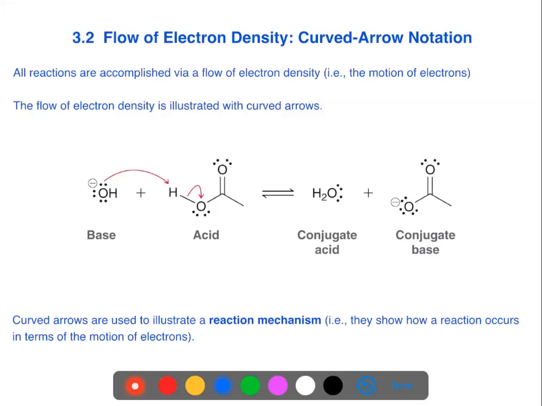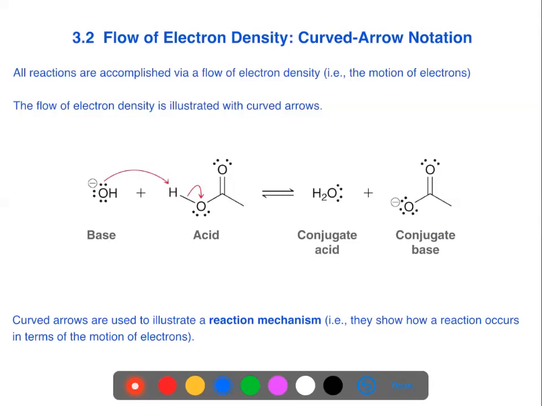So as we just saw in the last couple examples, these reactions are all accomplished via a flow of electron density or electron movement. So the motion of electrons between molecules is vital. It's critical to the formation of new products.